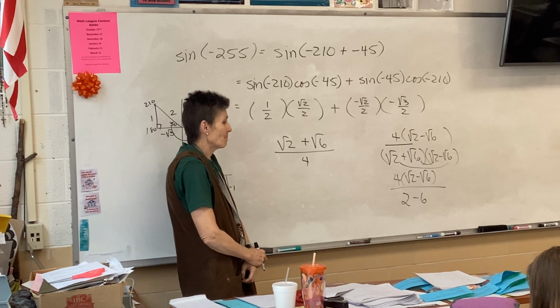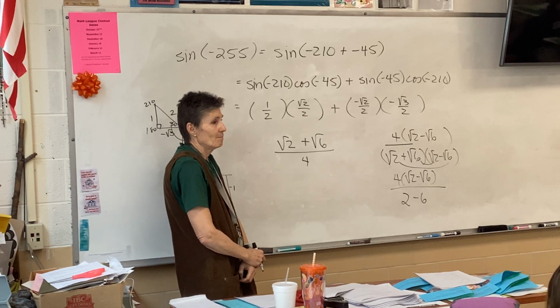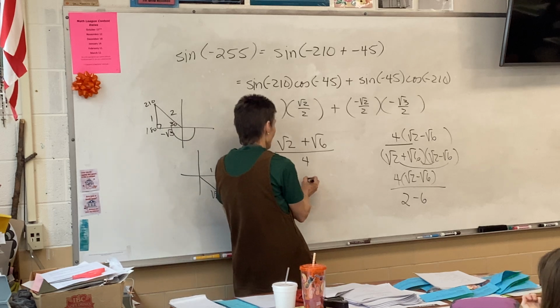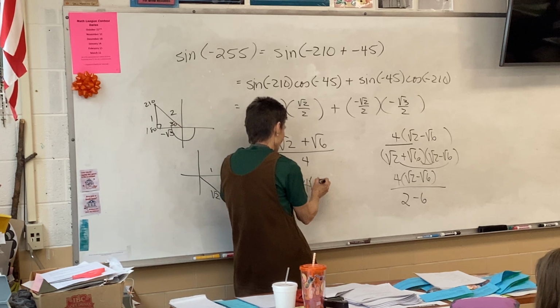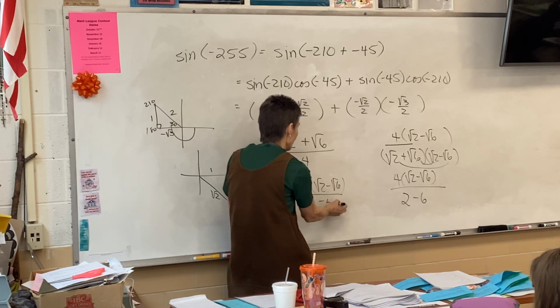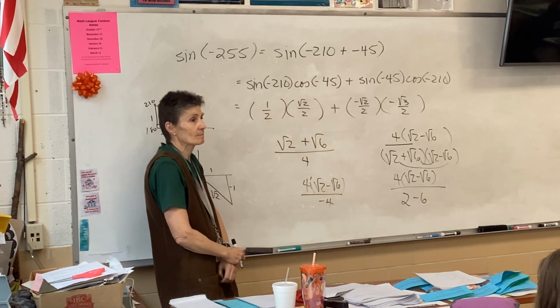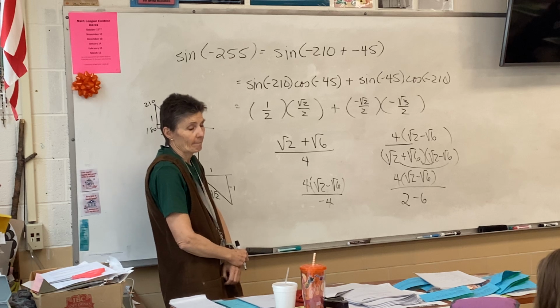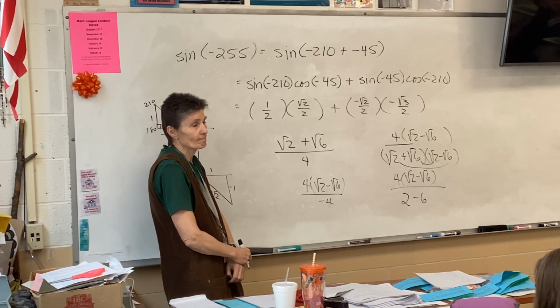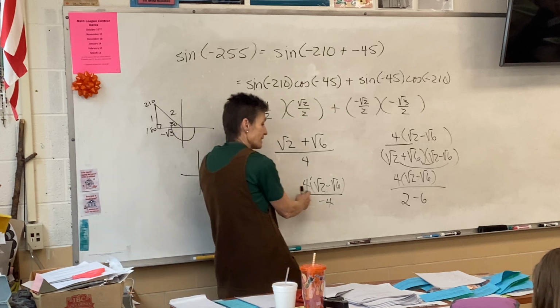No, they can't. So now we have 4 root 2 minus root 6, so just root 2, over negative 4. There's a lot of arithmetic, guys. Don't these cancel?